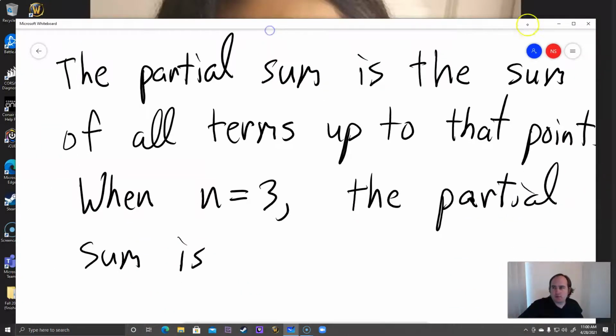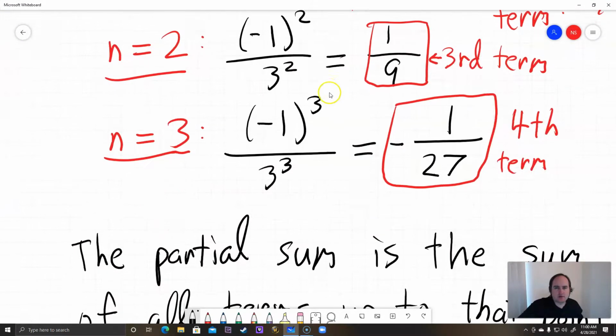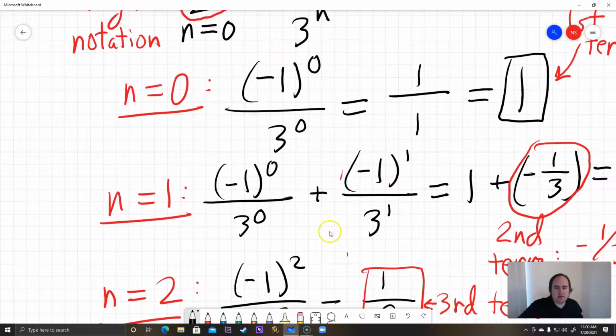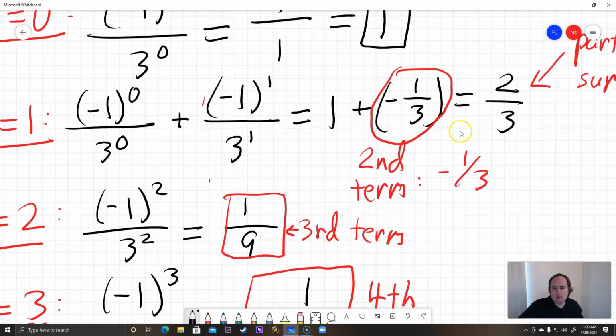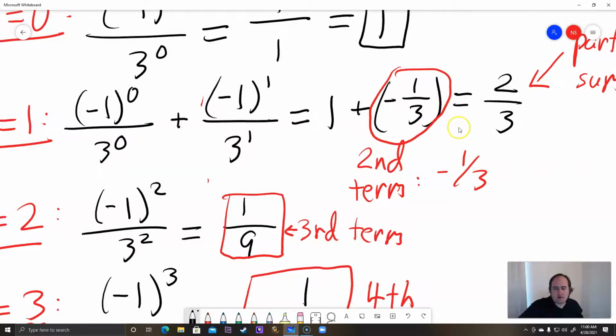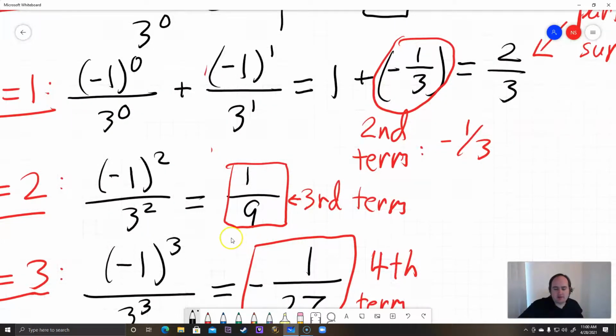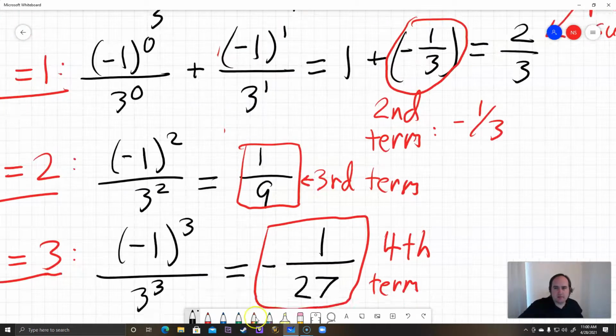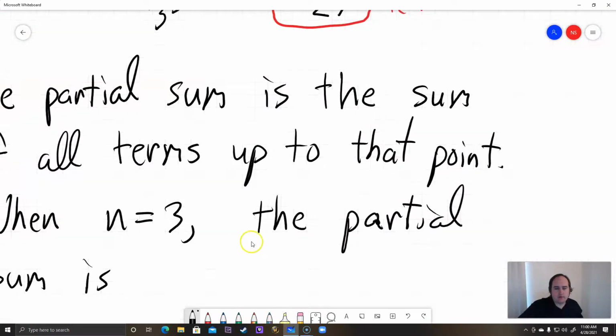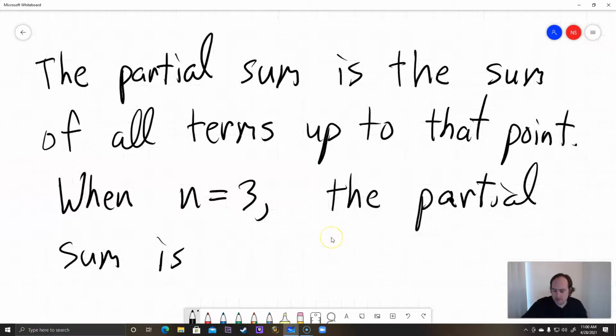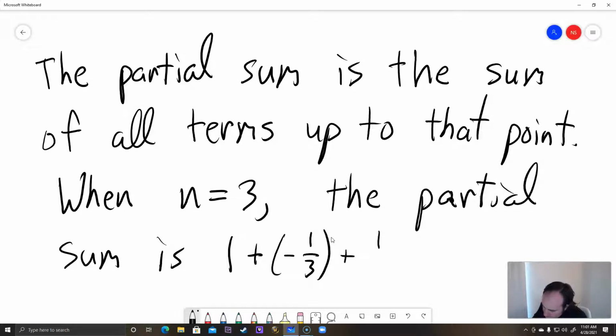The sum of all the terms up to that point. So that's going to be 1 plus negative 1/3 plus 1/9 plus negative 1 over 27.